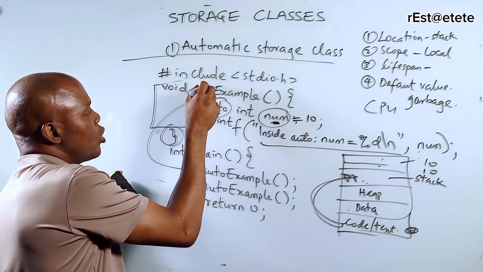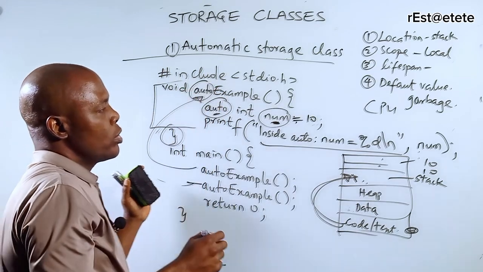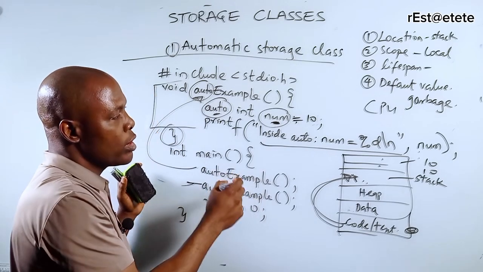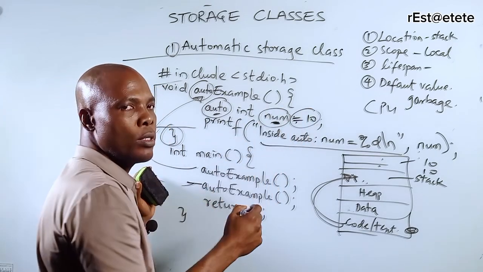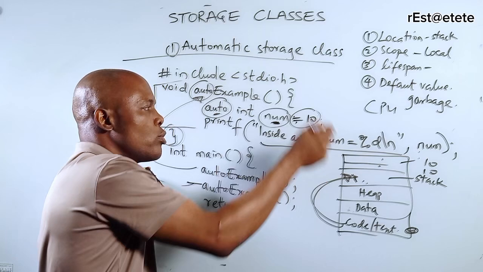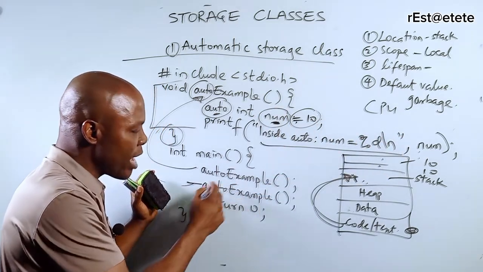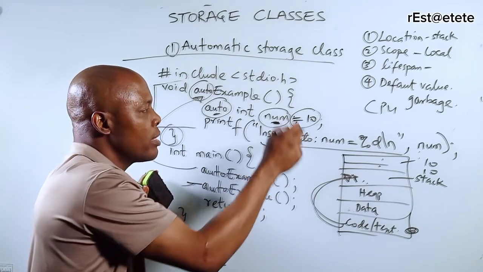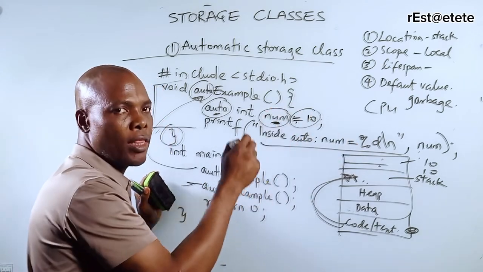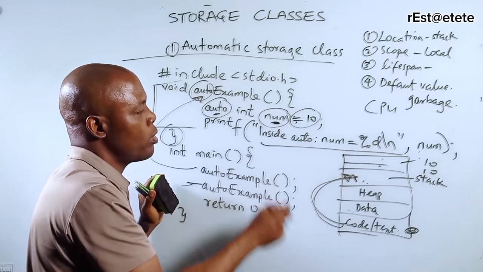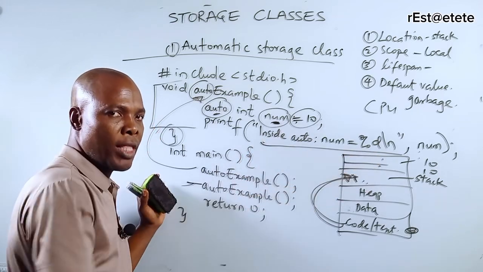So that is what this auto is doing. Every time I call the function, it's going to repeat that same value. It assigns the value and prints it out. So as many times as I call this function, it's going to repeat: inside auto, num equals to 10.